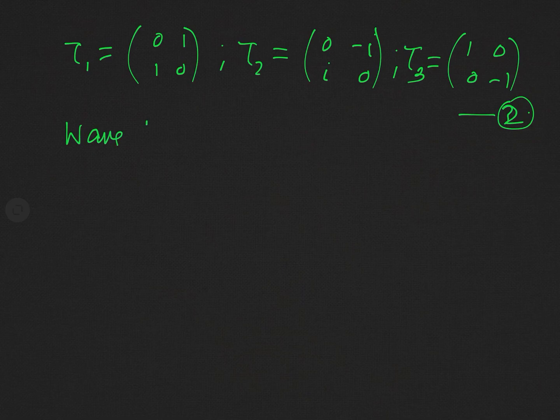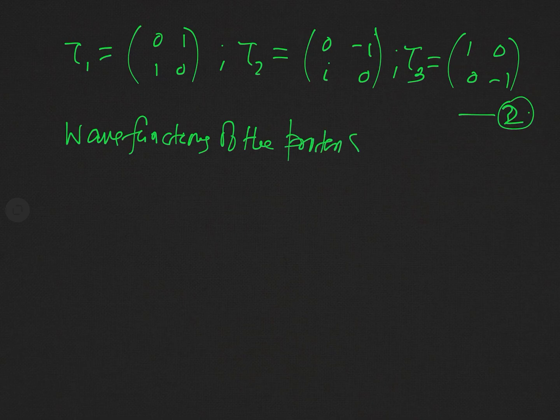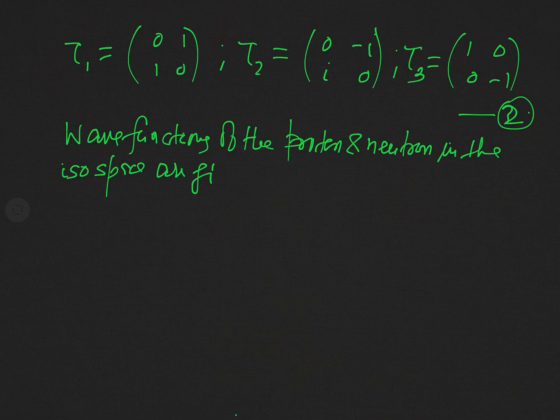So the wave functions of the proton and neutron in isospace are given as follows.